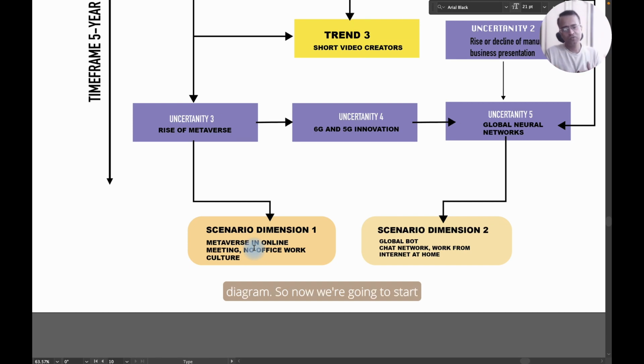So now we're going to start working on our initial scenario themes. As we have already discussed, after completing the overall uncertainty influence diagram, the final result is our scenario theme. So let's look into our next step to develop our scenario themes.